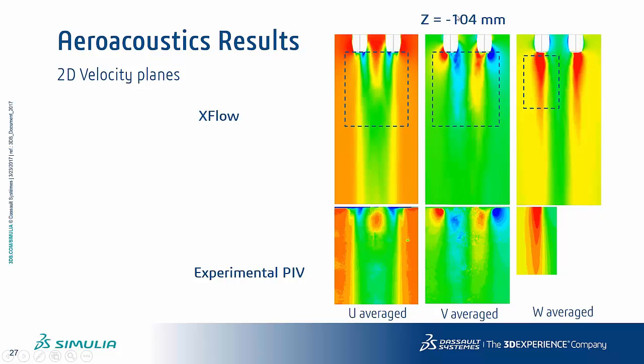And now the same thing, but with a plane that is at Z equals minus 104 millimeters. It means slightly below, so we're at the lower height on the wheel. And well, similar patterns again. So we've got high velocities in the middle, this green area like this here, with bluish regions here.